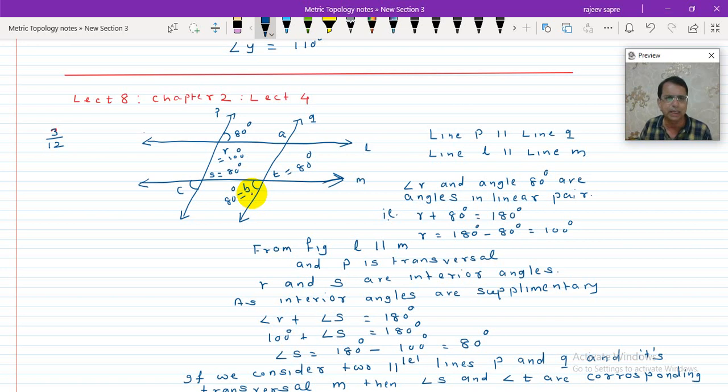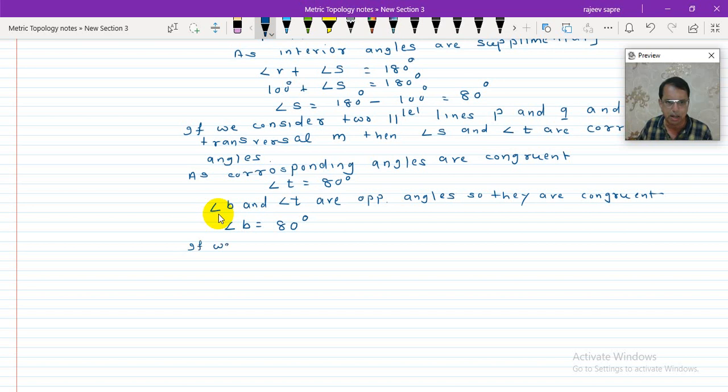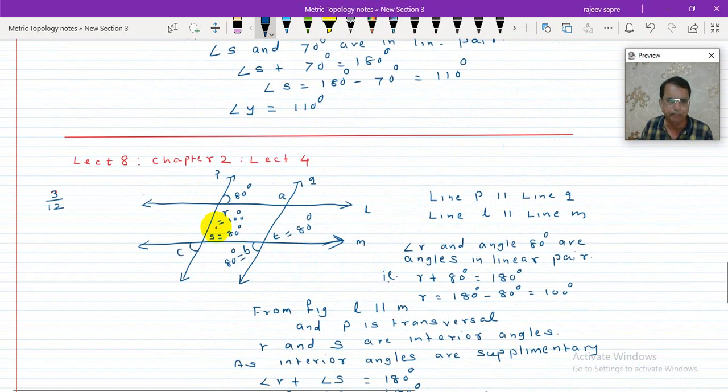So which two lines am I taking? P and Q.